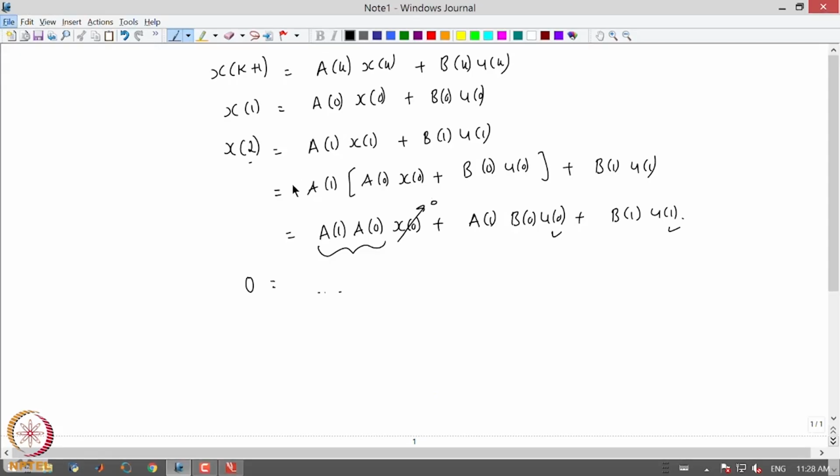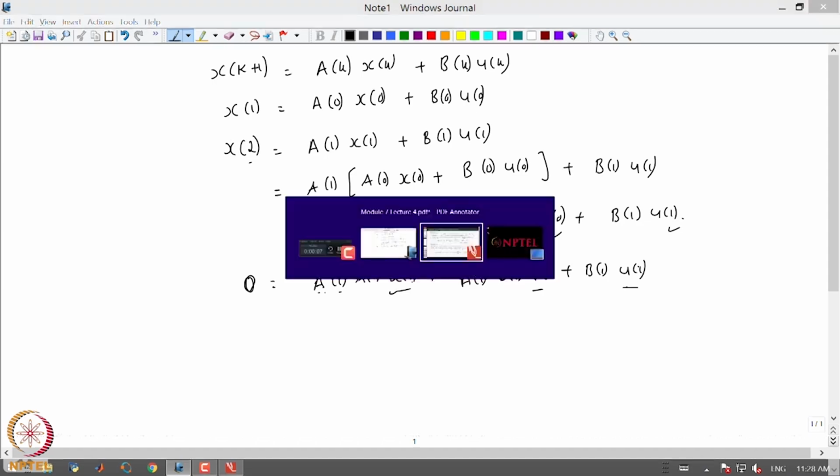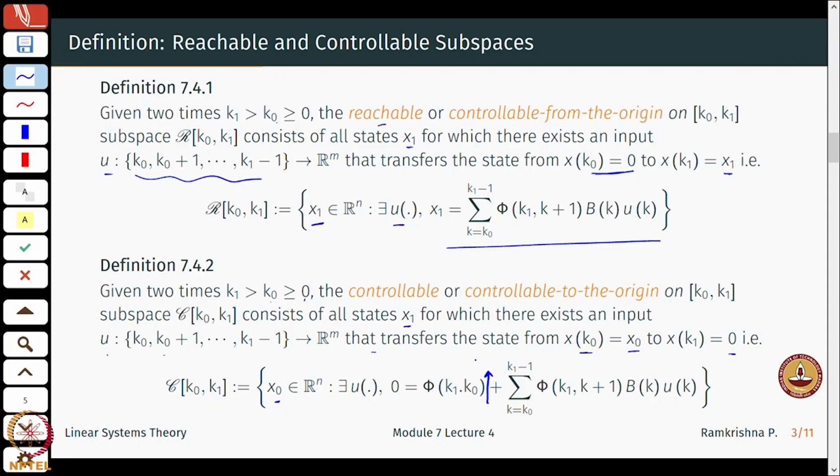If I were to find this in the case of 2, I have 0 is A1 A0 x naught plus A1 B naught u naught plus B1 u1. So I am finding a solution for this u for all possible x naughts. That is what this expression says. I think there is an x naught missing here.